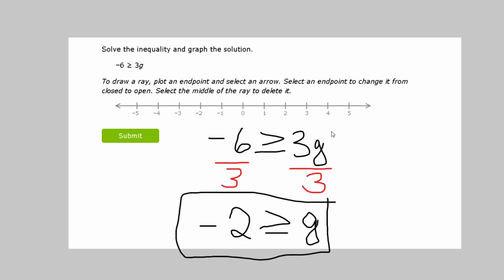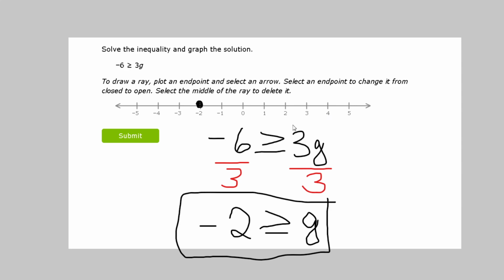Now we need to graph it. So we're going to start off at -2. We know we need a closed circle since there's a bar, so we're going to fill it in. Now we need to think about what numbers are less than -2.